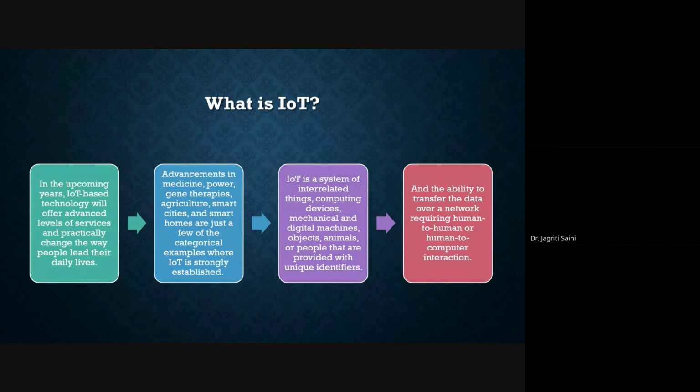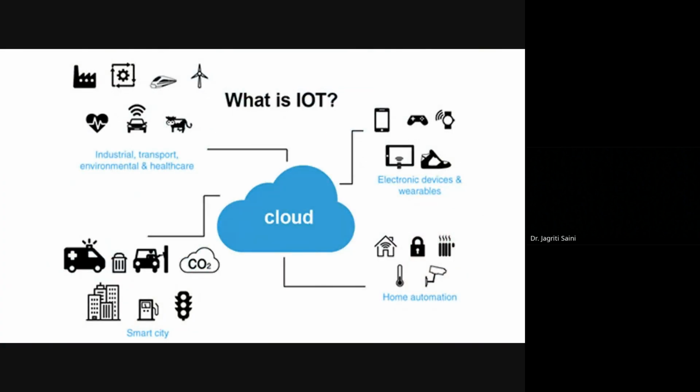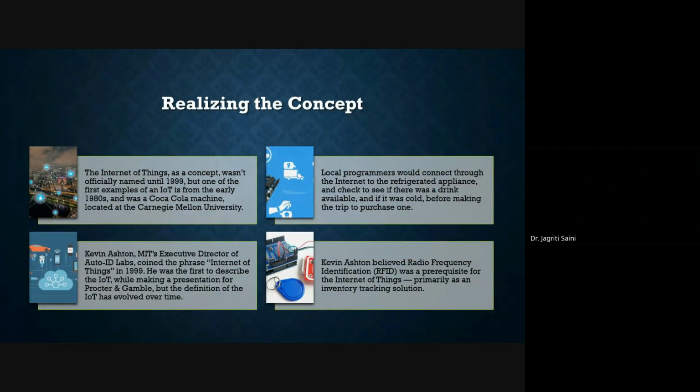If the network is established carefully, we can indeed access it from anywhere in the world, and this makes IoT a sustainable choice in almost every application, including industrial activities, environmental, health, or transport activities. It can be used for smart city applications. We can consider it for home automation or even electronic devices, and wearables also contain the IoT concept within.